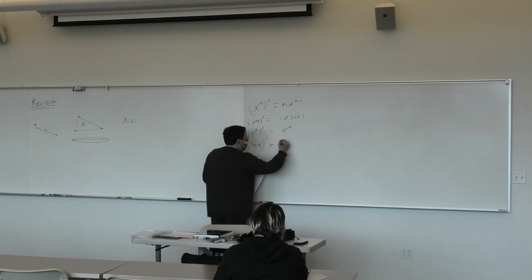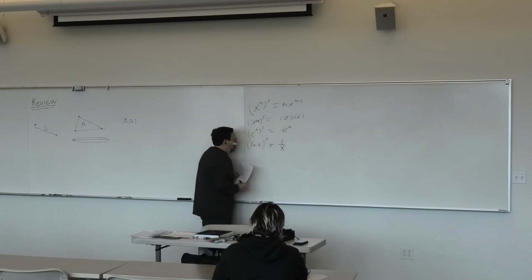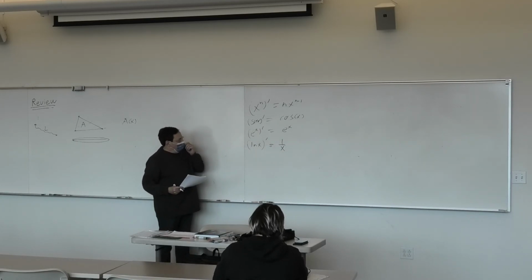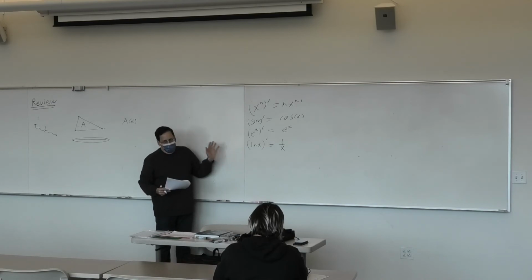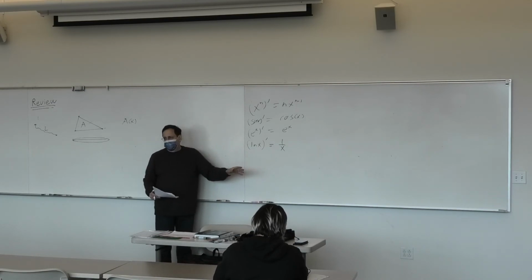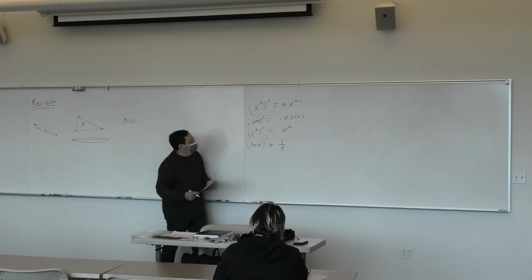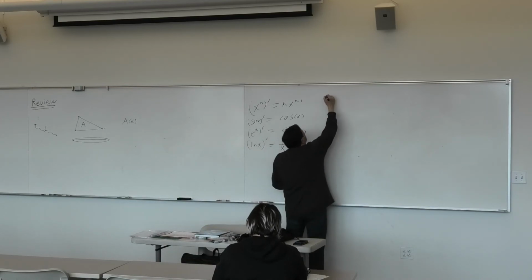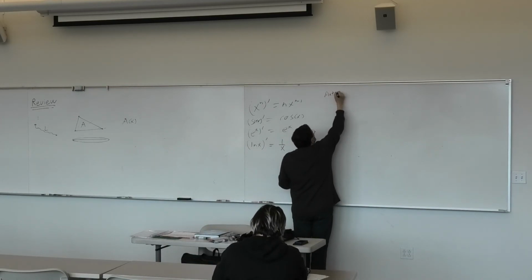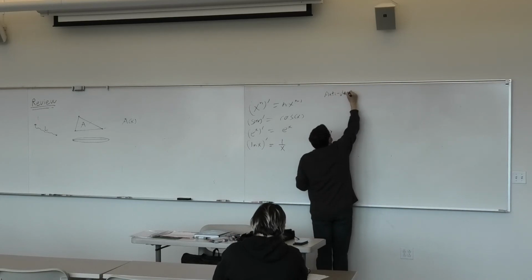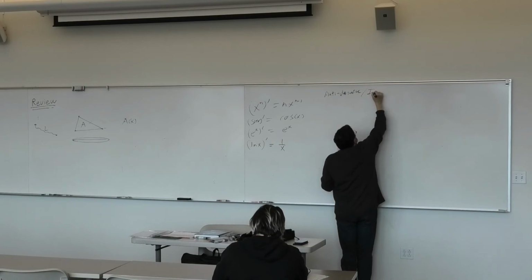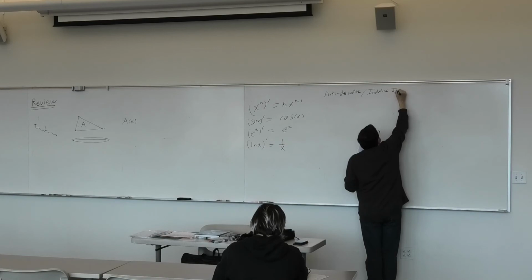Do recall that its derivative is 1 over x, please. So with each of these, we have kind of the reverse operation. Undo the derivative. We call that either the antiderivative, or we might call it the indefinite integral.